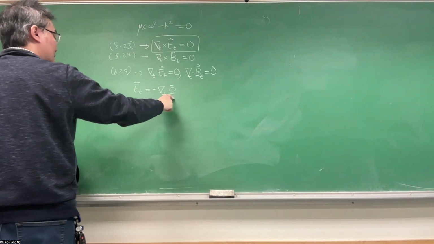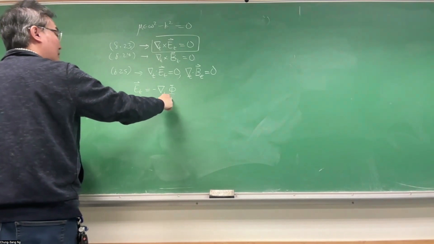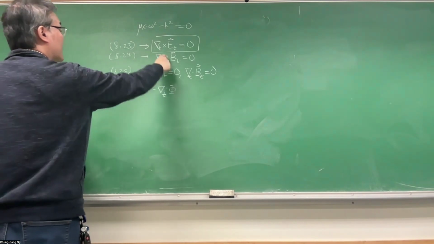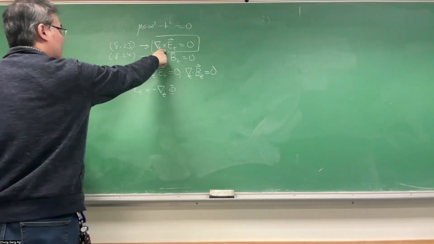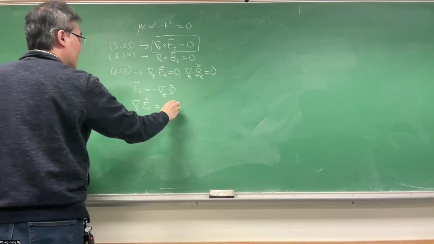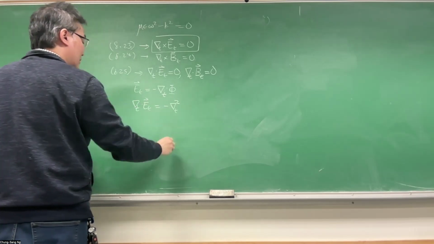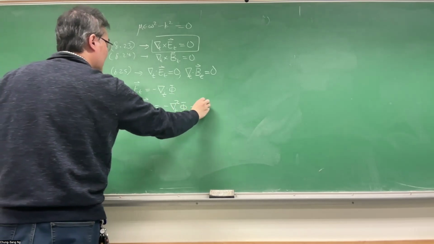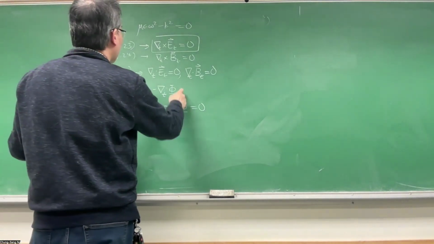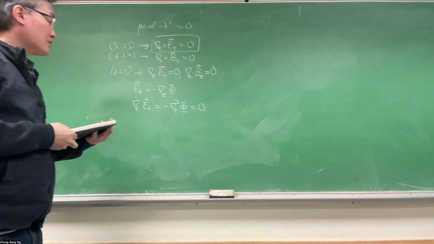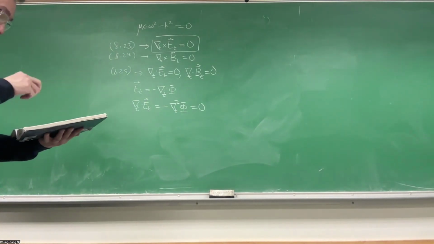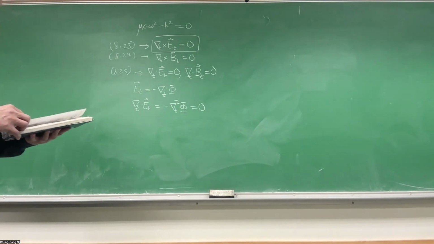So you do exactly the same trick as electrostatics: make an electrostatic potential, and then solve this equation. Now the transverse divergence is minus the transverse Laplacian of the scalar potential, and that makes it 0. Then the problem becomes just solving the transverse Laplace equation.